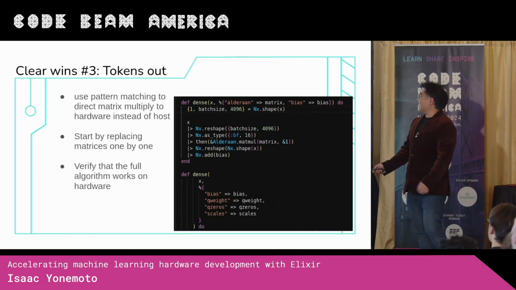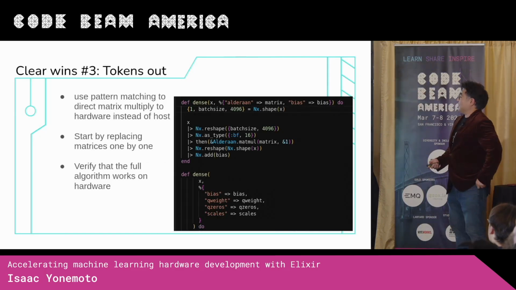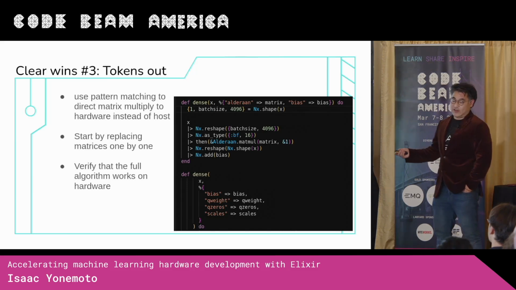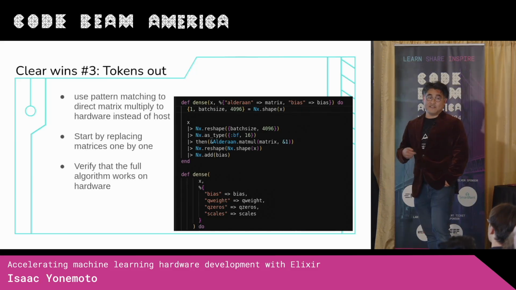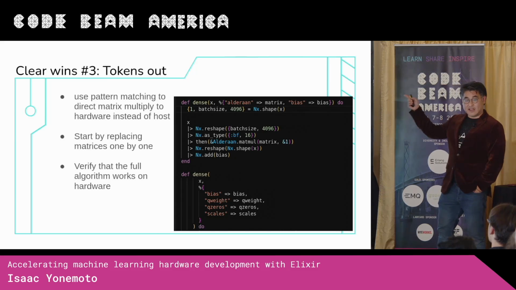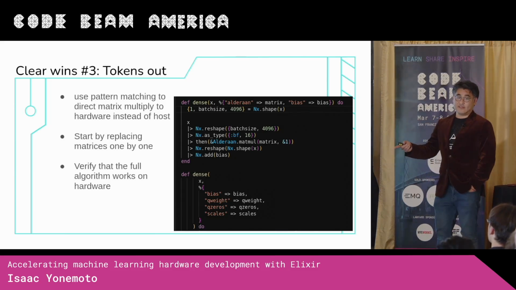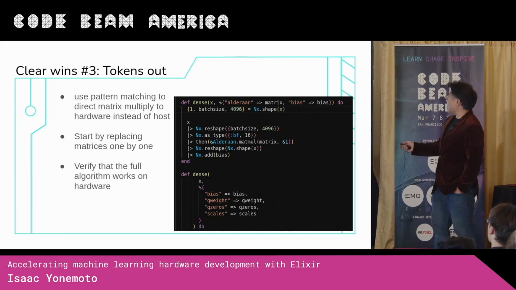And then the last clear win that we demonstrated was actually getting tokens out. Once I was able to demonstrate that we could do a dense matrix, remember all those stacked matrix multiplications? I was able to, one by one, swap in a CPU implementation of those matrices in NX for our hardware. And we did that with pattern matching.